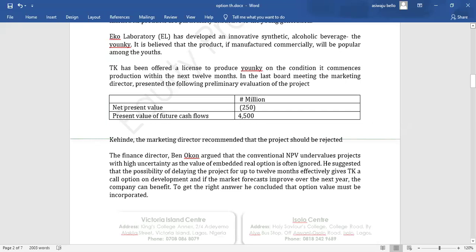The marketing director recommended that this project should be rejected because the project has a negative net present value. Now the question to the class is, is the marketing director wrong to recommend that this project should be rejected? She's not wrong. The marketing director is not wrong.